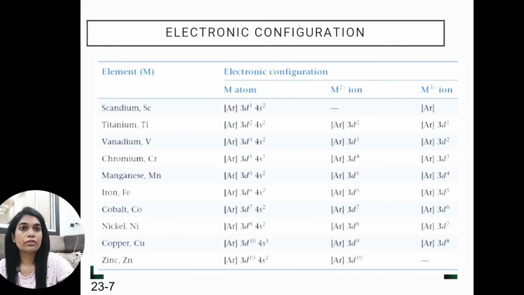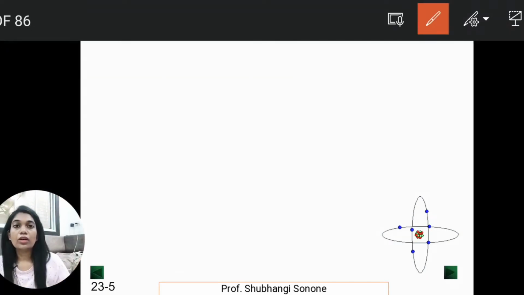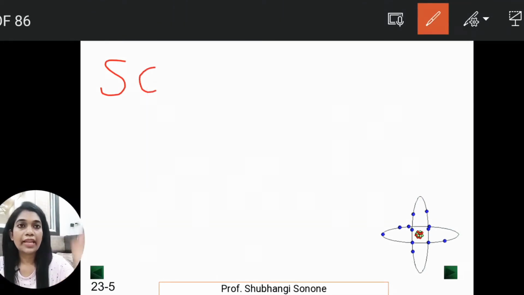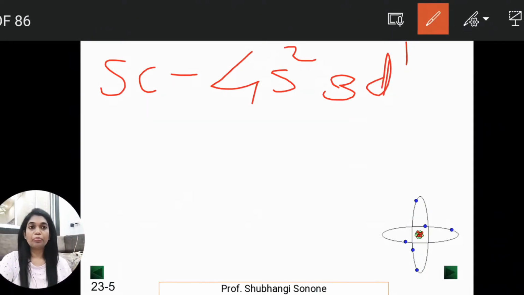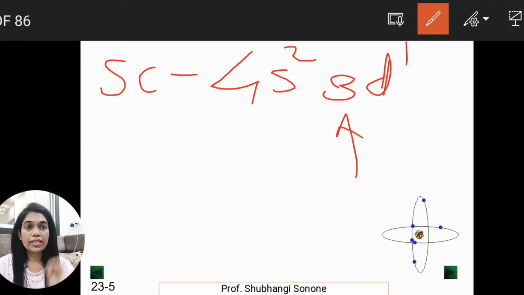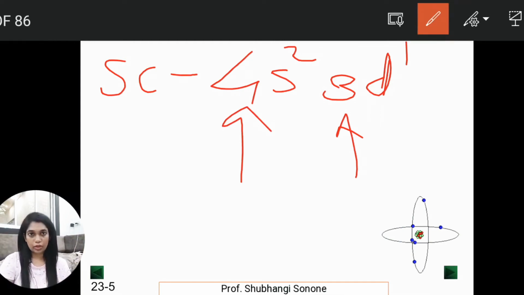Let's take the example of scandium. The electronic configuration of scandium is 4s2 3d1. Here the 3d orbital is the inner orbital and the 4s orbital is the outer orbital.